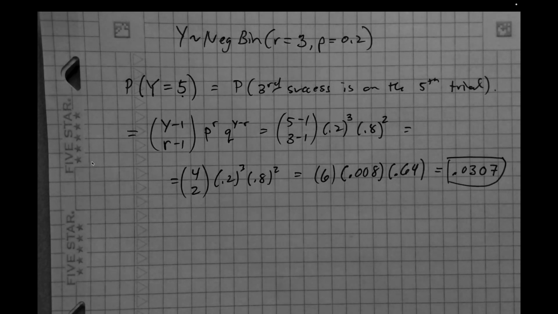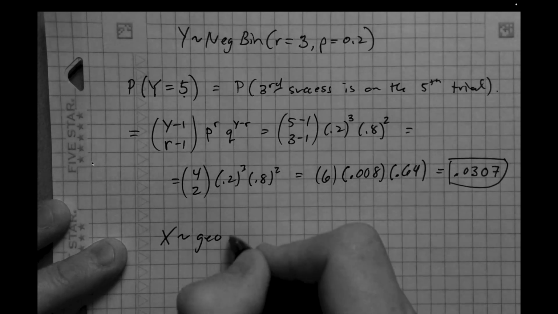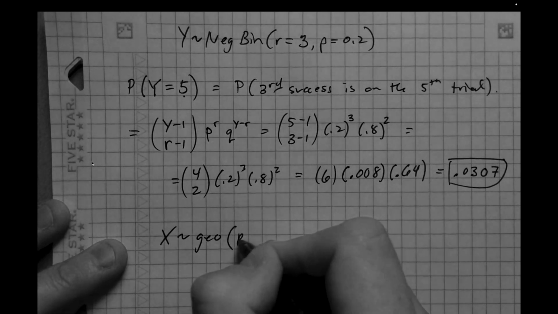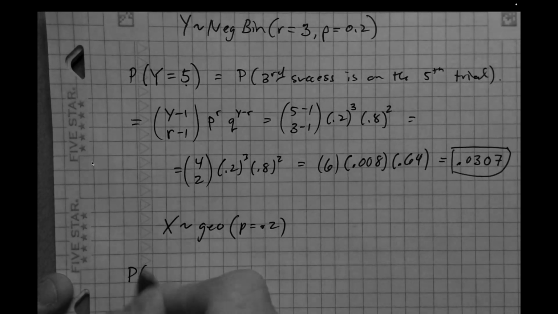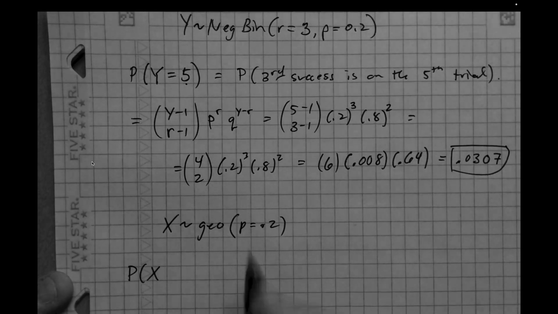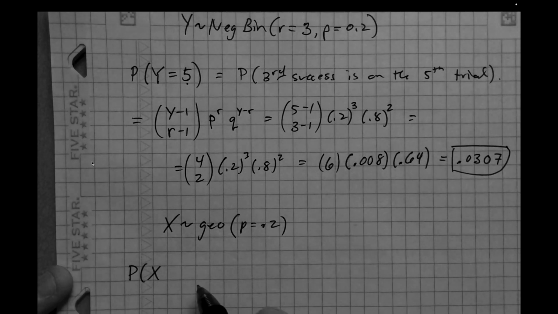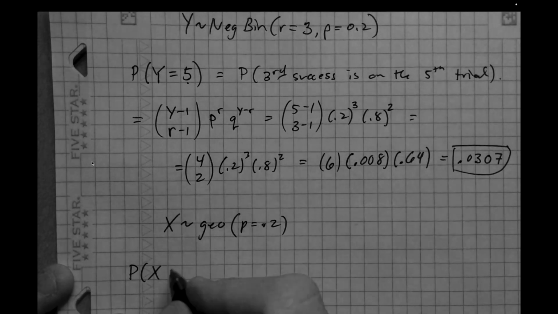All right. So that is the negative binomial. You can see very clearly that this is a generalization of the geometric distribution. Remember, the geometric distribution would say something like, geometric with p equals 0.2. And so the kinds of questions we can ask there is, what's the probability that our first oil strike occurs on the third drilling or something like that?